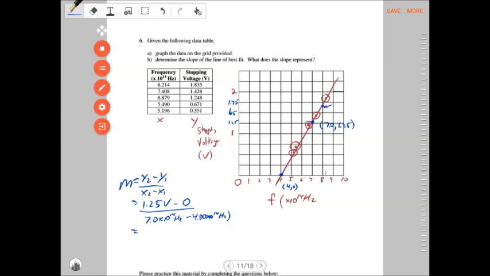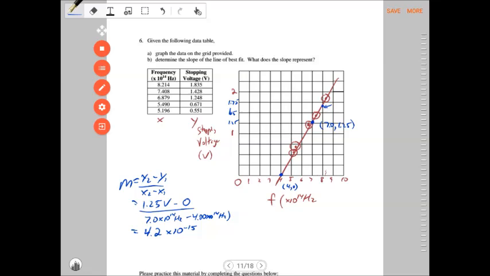So 1.25 minus 0 is simply 1.25 volts divided by 7 times 10 to the 14th minus 4 times 10 to the 14th. So our slope here is 4. Really, we've only got the 2 sig digs here, so 4.2 times 10 to the negative 15th.